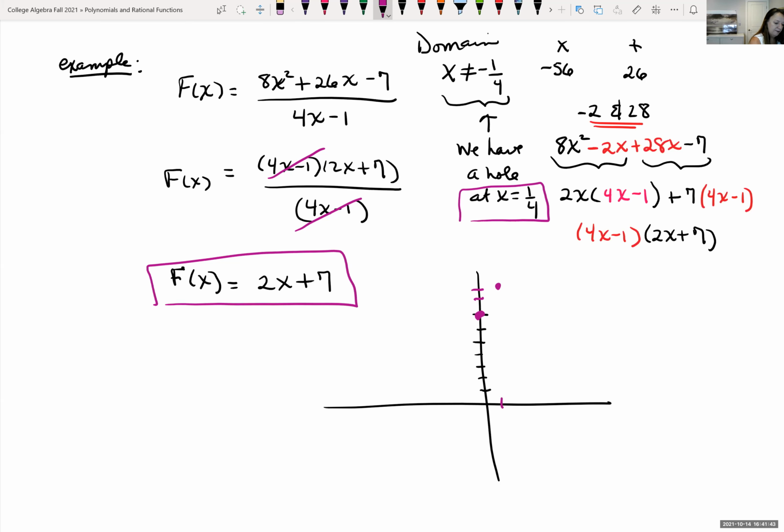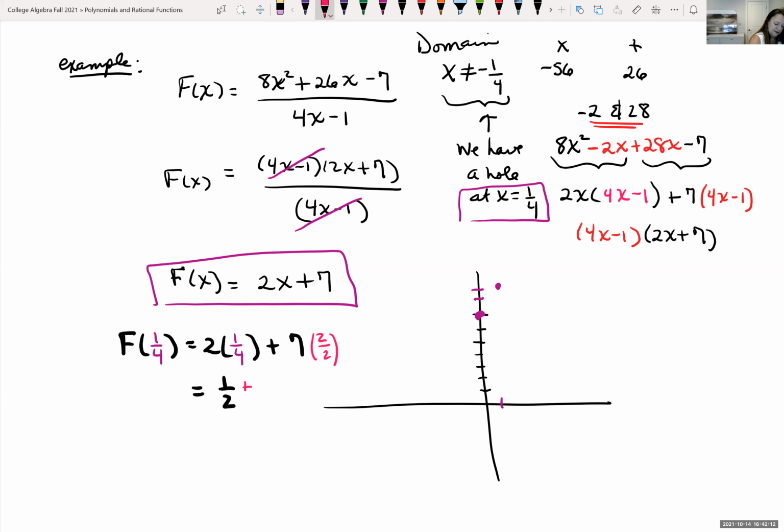And so let's look at f of 1/4. Plugging that in wherever I see an x, we get 2 times 1/4 plus 7. Well, 2 times 1/4, that's 1/2. I'm going to need a common denominator, or I could just say 7 plus 1/2 is 7 and 1/2.